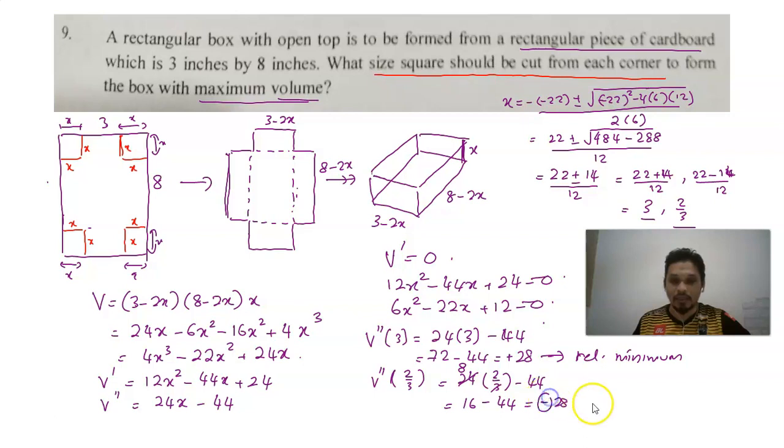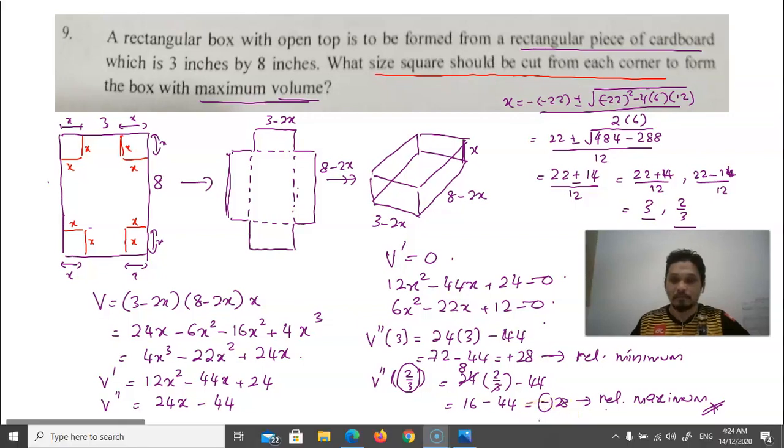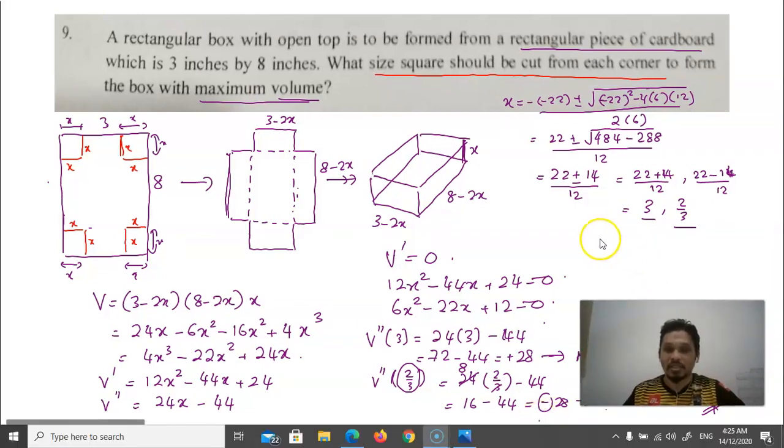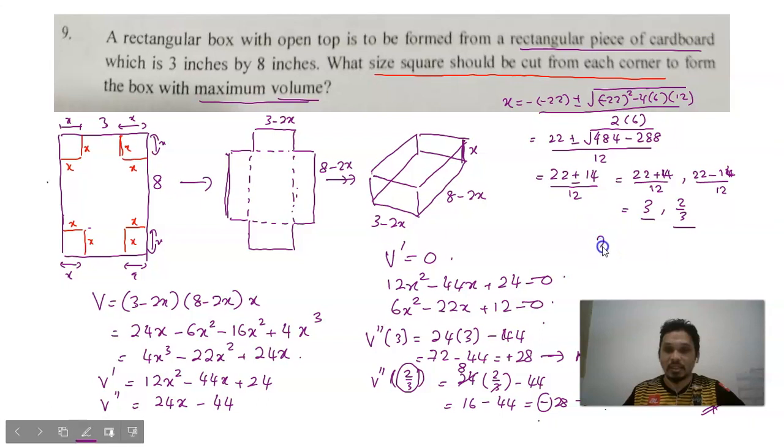So with negative here, we come up with the conclusion that it is a relative maximum. Okay, meaning we take the value of x equal to 2 over 3 to get the maximum volume for this box. So the answer is x equal to 2 over 3.